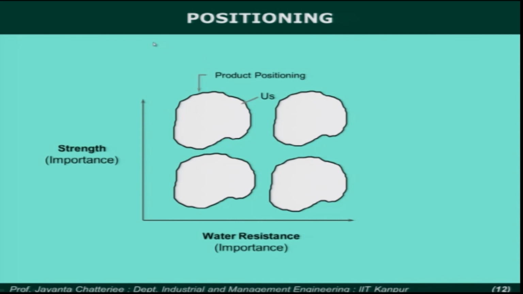So there you position yourself, like here as you see, where your water resistance is approaching the higher side, but your strength is pretty much on the high side, and this is your position. This is where you are starting. This is the whole cluster of competitors whom you will have to address, but you start here.